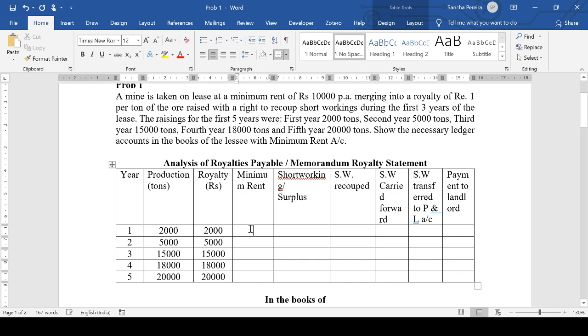Next, how much is the minimum rent given to us? How much is the minimum rent? 10,000 per annum. So every year, minimum rent is 10,000. 10,000 every year.